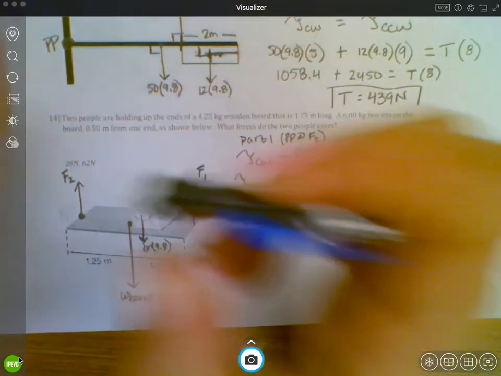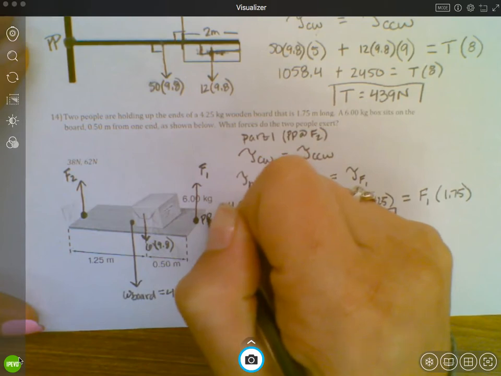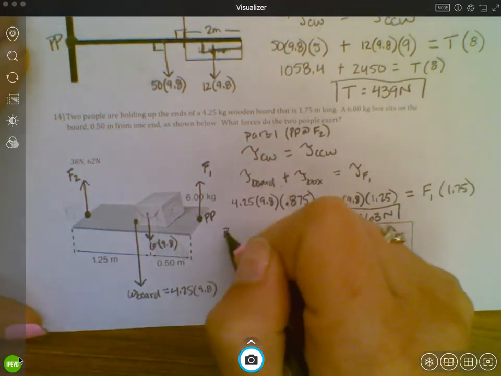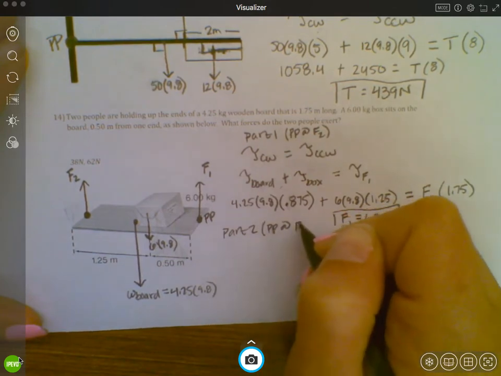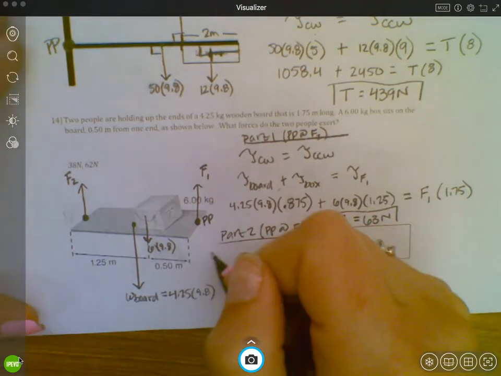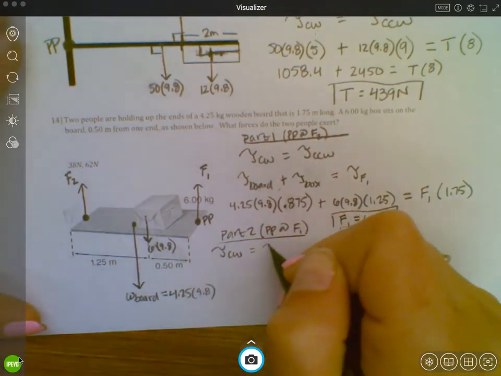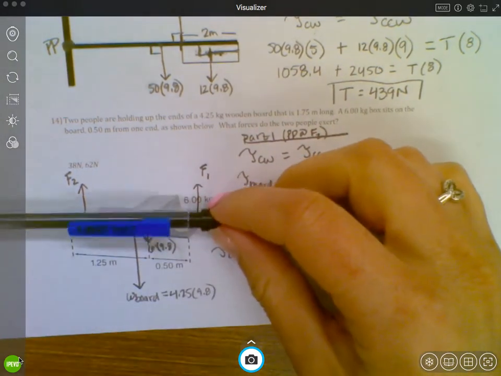So in part 2, we're going to make the pivot point over here. Okay? So now part 2, pivot point at F1. We would do the exact same thing. Okay? So torques clockwise equal torques counterclockwise. Now the pivot point's over here, so I got to refigure out what they're doing.